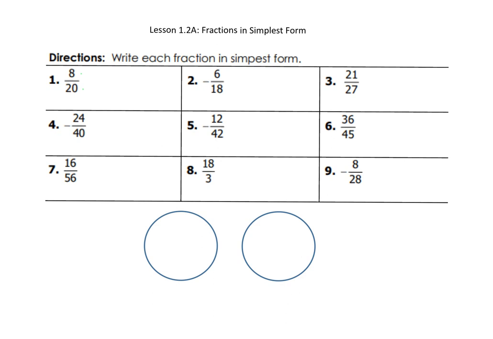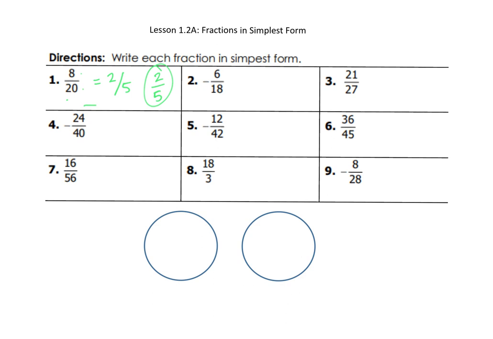If you're using a TI, you're going to type the top number 8 and then the ABC button, which will put a little backwards L, which represents a fraction bar, and then hit 20 and then hit equals, and out is going to pop 2/5, which is the same thing as 2 over 5. So 8/20 and 2/5, these two values are equal, but 2/5 is the smallest way of showing it.